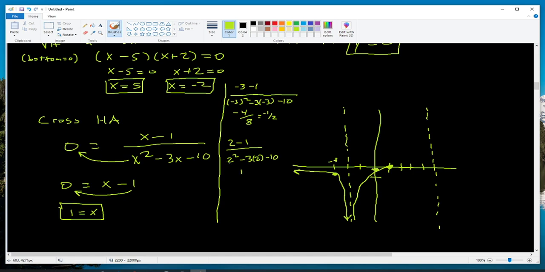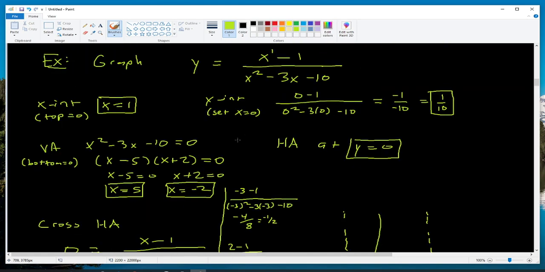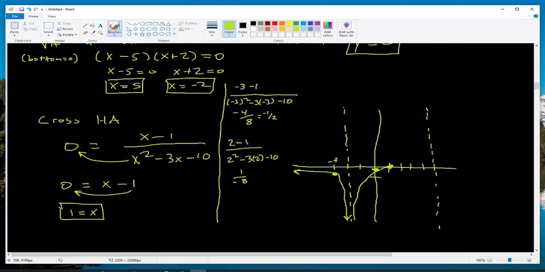Sorry, 2 squared is 4. 4 minus 6 is -2. -2 minus another 10 is -12. So that's going to be there at -1/12. So this comes back down kind of like that, I guess.